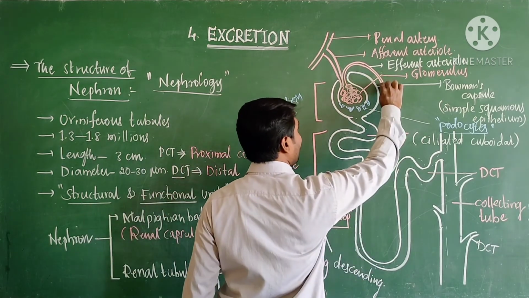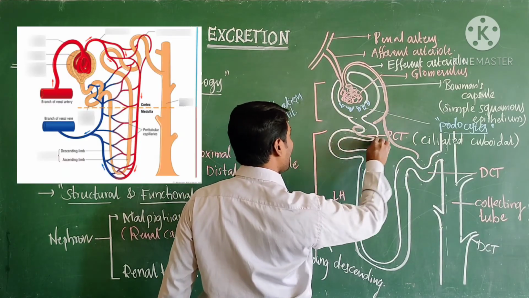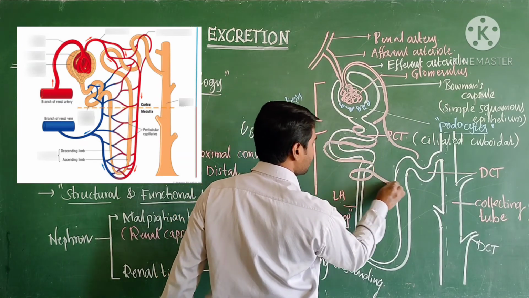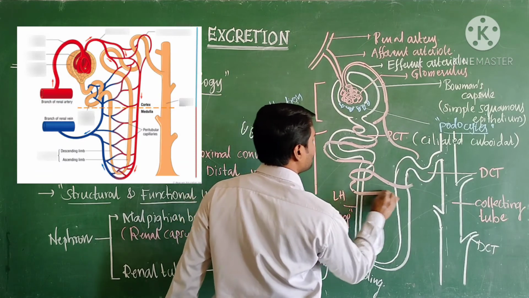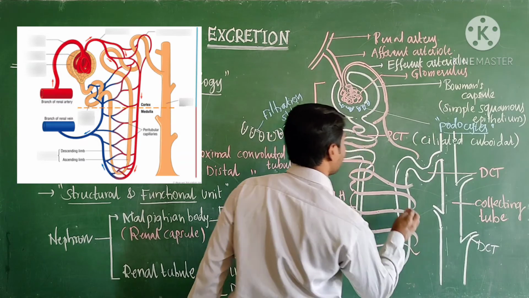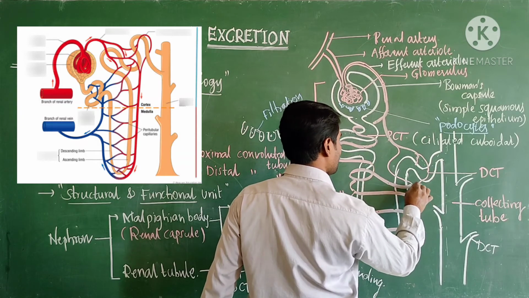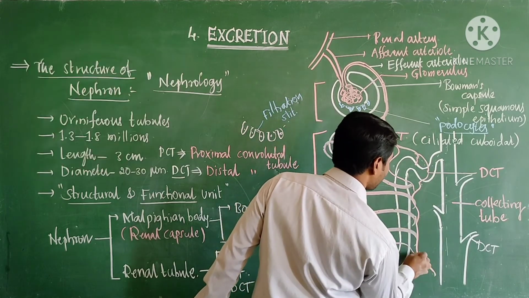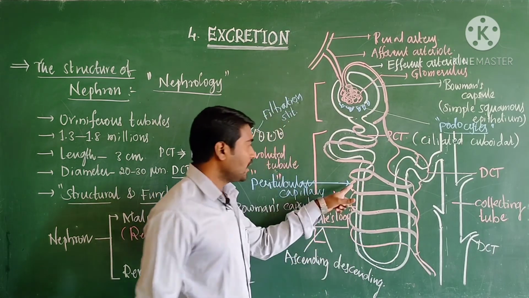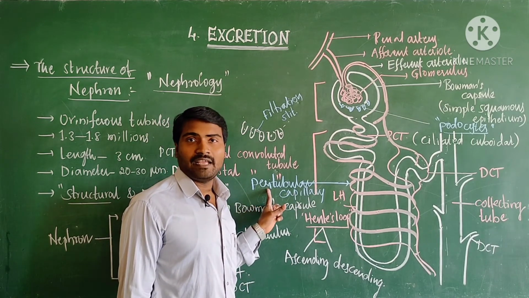So this efferent arteriole is going to form branches which make loops around the loop of Henle, and also it makes loops around the other parts. So this network of blood capillaries is known as peritubular capillary.